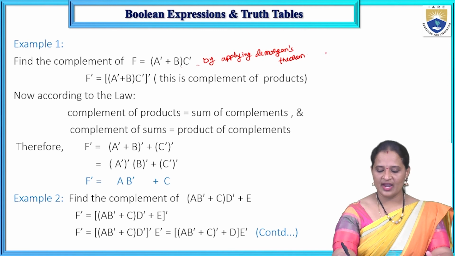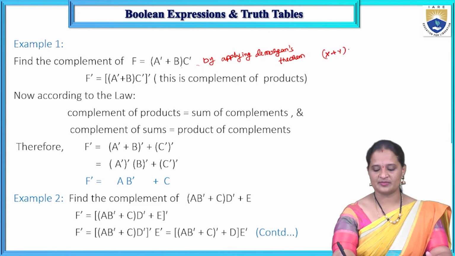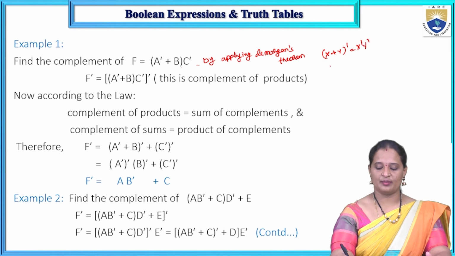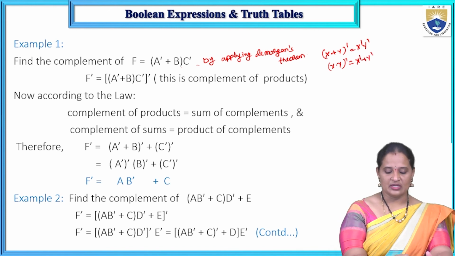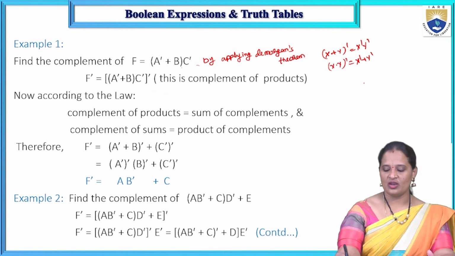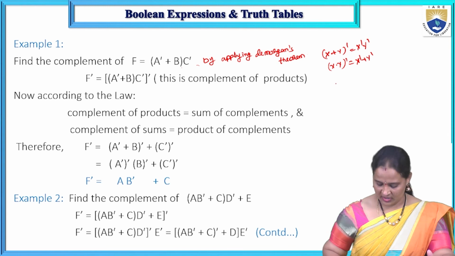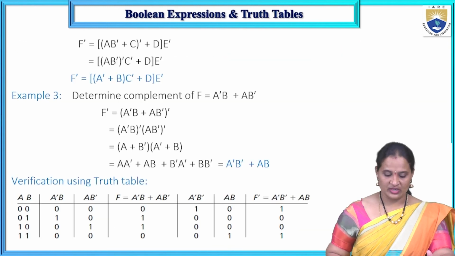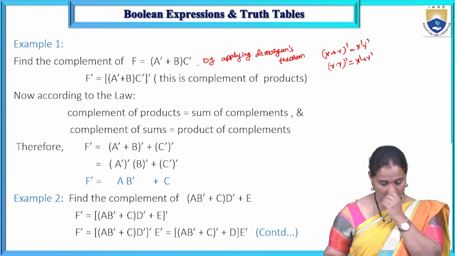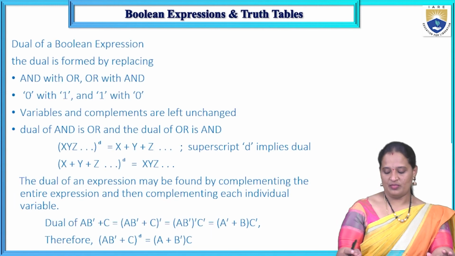As we already know, De Morgan's theorem states that x plus y whole complement is equal to x complement dot y complement. Similarly, x dot y whole complement is equal to x complement plus y complement. Now by applying this, I will do it step by step. What is the Boolean expression we have? A complement plus b into c complement.